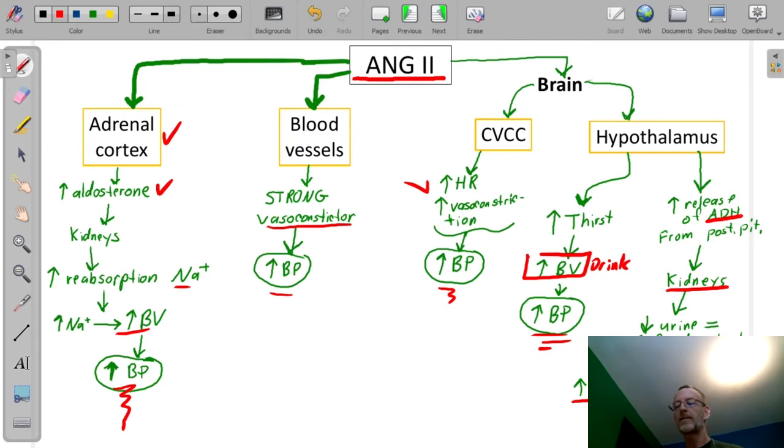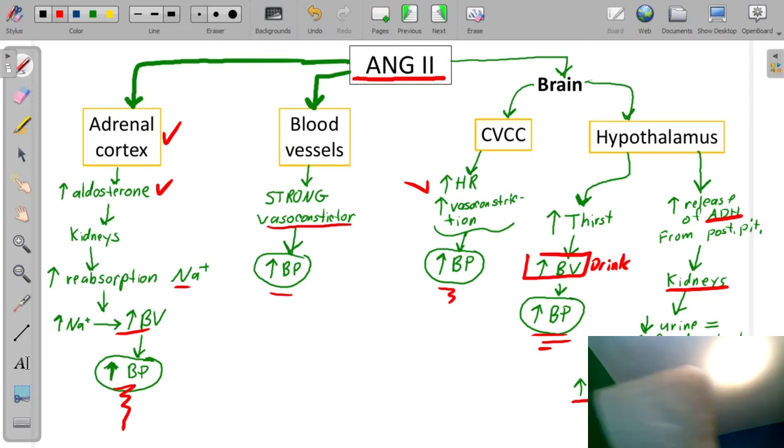So that's RAAS. It's important that you have a handle on this system. You rely upon your understanding of it extensively in nursing when you're trying to treat kidney dysfunction. Many drugs work on blood pressure through the RAAS system.